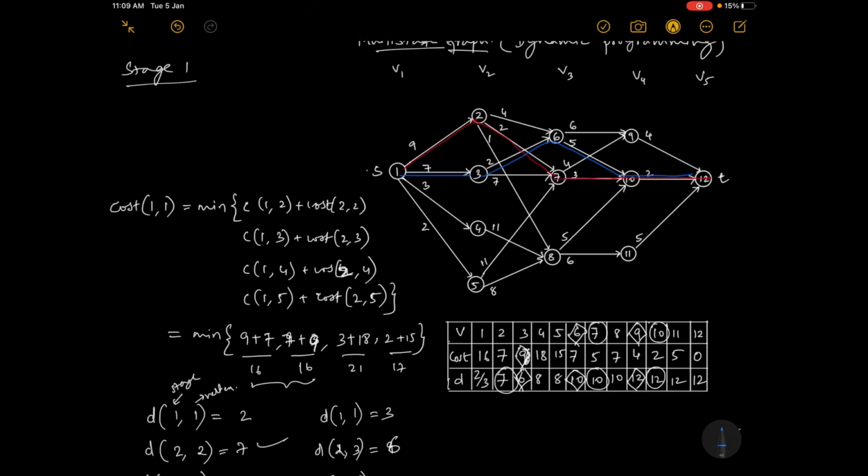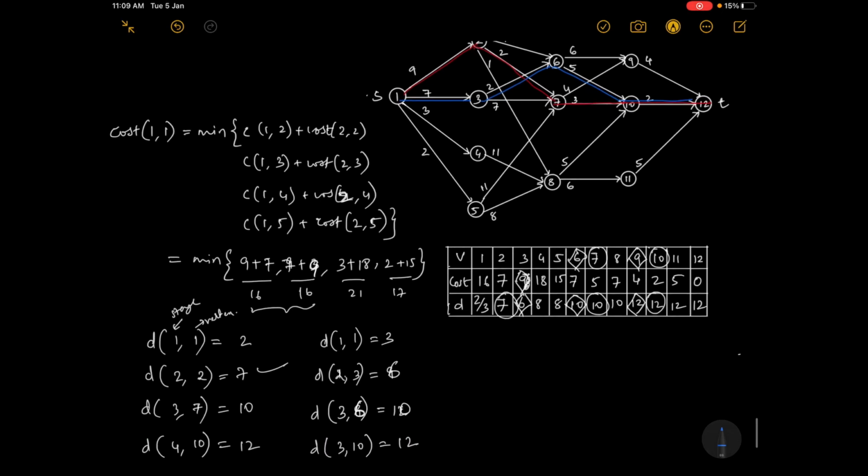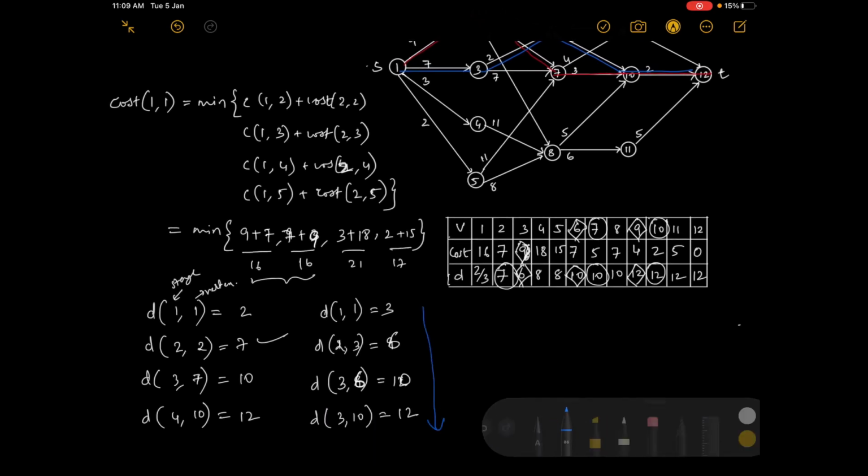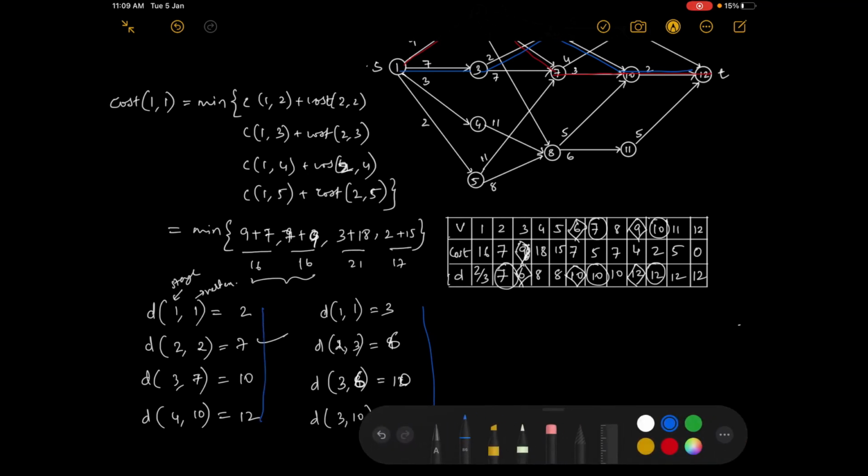So I have shown two paths, one in red and another in blue. 1, 3, 6 is one path and another path is this. Oh, sorry.